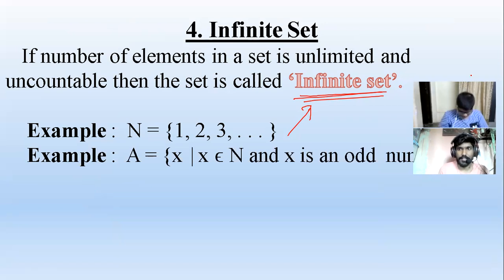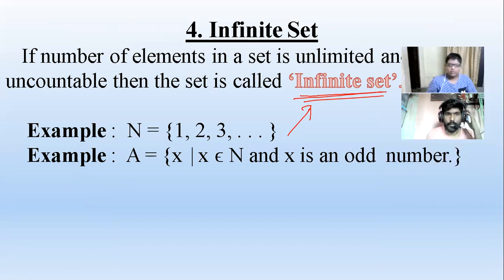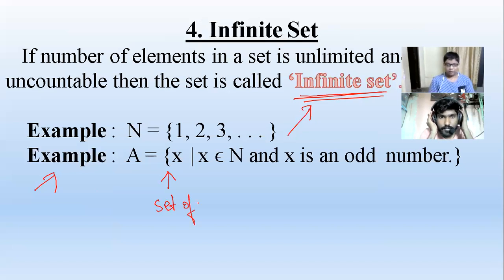Okay, can you read this example for me? A is the set of X such that X belongs to the natural numbers and X is an odd number.